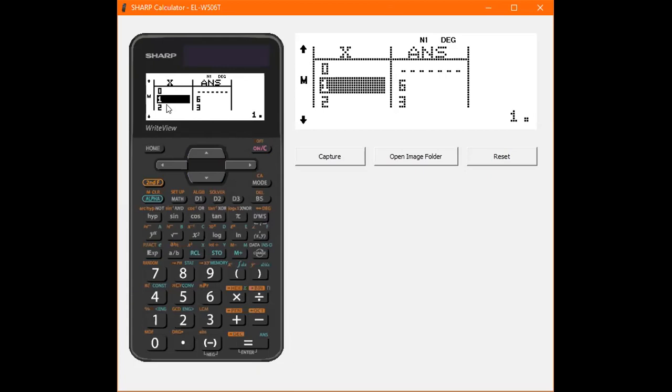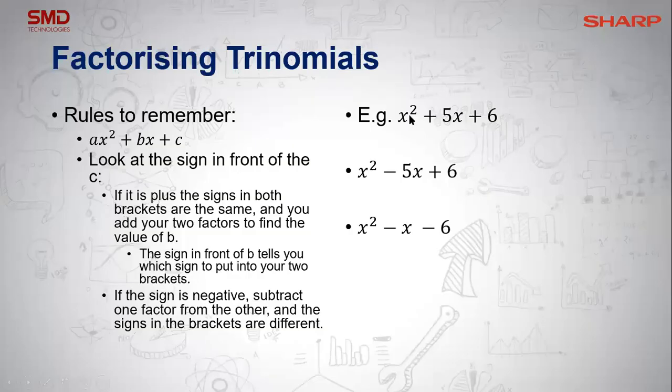So I have plus 1 plus 6 gives me plus 7, which is not my middle term, so I move on to the next one. Now I have plus 2 plus 3 gives me plus 5. That is my middle term. So now what I know is that here my factors are x plus 2 and x plus 3.